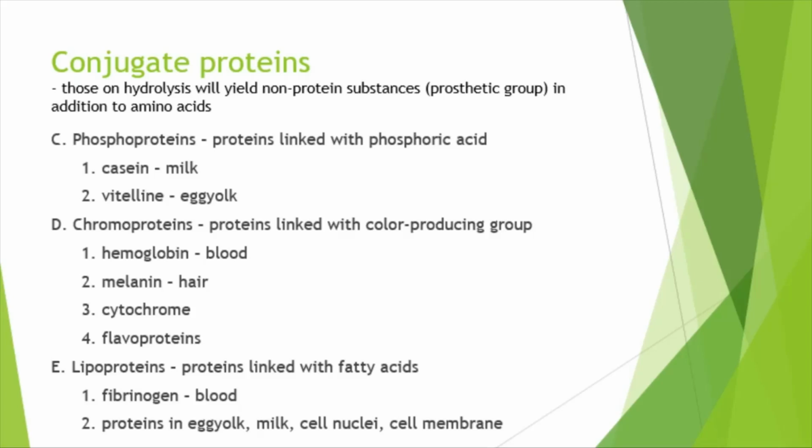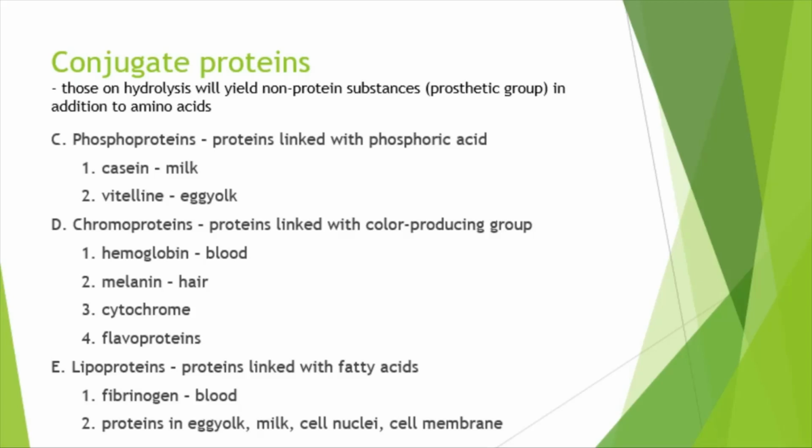Then we have your phosphoproteins. Phospho means it has a phosphoric acid or phosphorus-containing molecule. Examples are casein from milk and vitellin from egg yolks. We also have your chromoproteins, proteins linked with color-producing groups, from the word chromo.